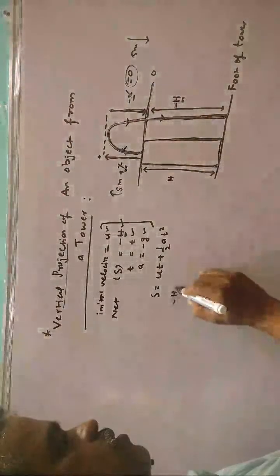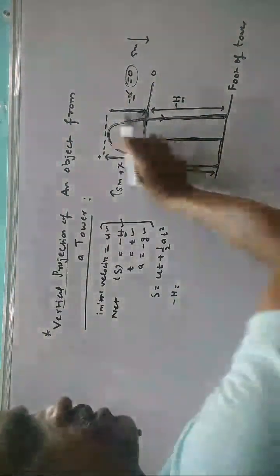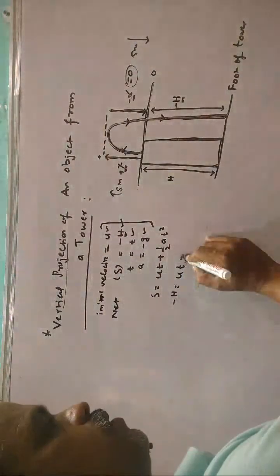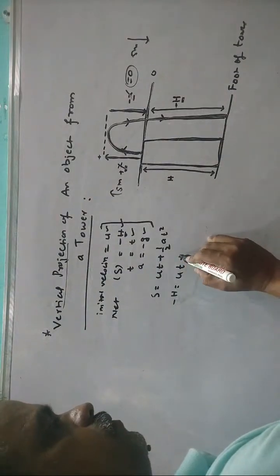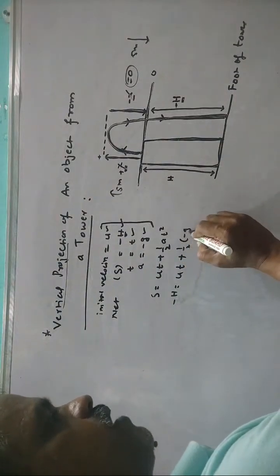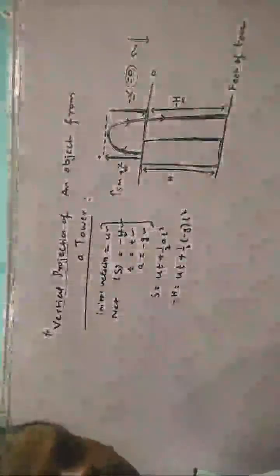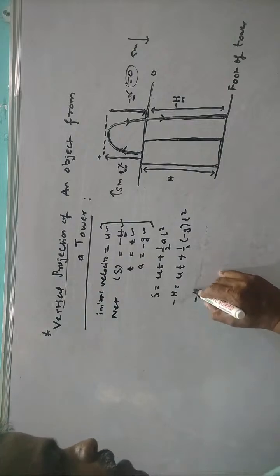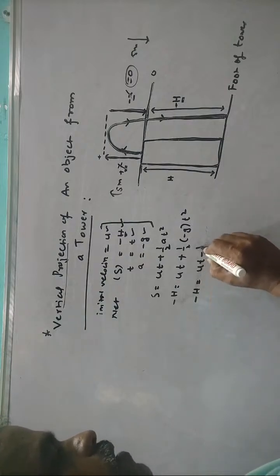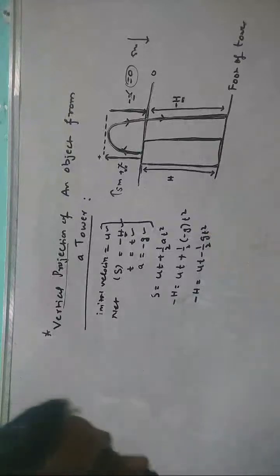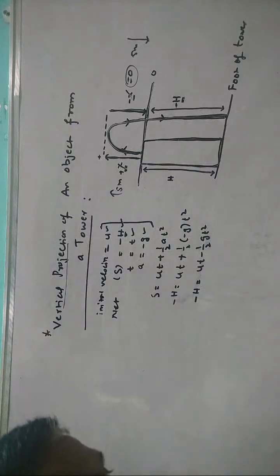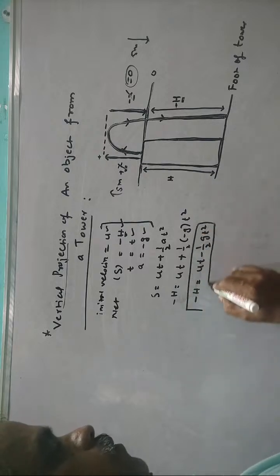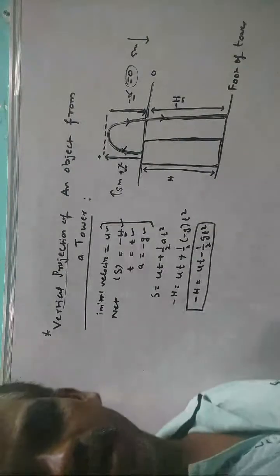So minus h equal to ut, where we projected the body with initial velocity u and time taken is t, plus half into a, which is minus g, into t square. Is it okay? Next, minus h equal to ut minus half gt square. This is the equation for calculating the height of the tower.